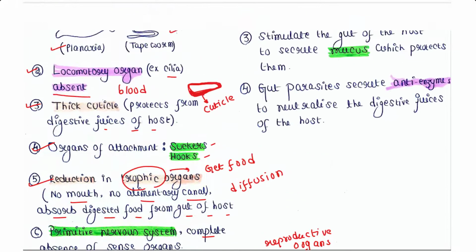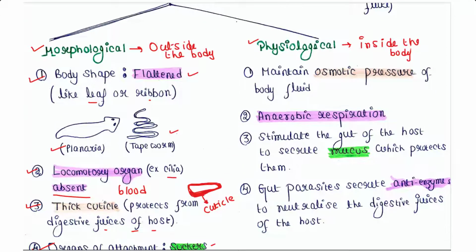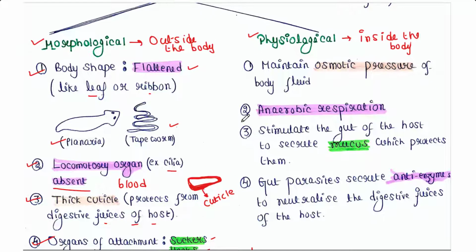Now we will talk about some physiological adaptation. That means adaptations which occur inside the body. So first is maintaining osmotic pressure of body fluid. So they maintain osmotic pressure of body fluid because they are inside the host body.